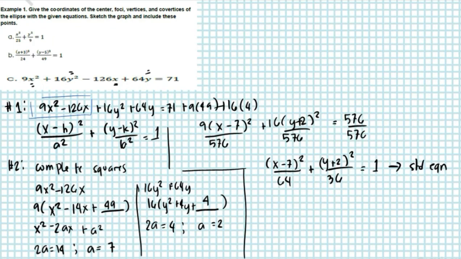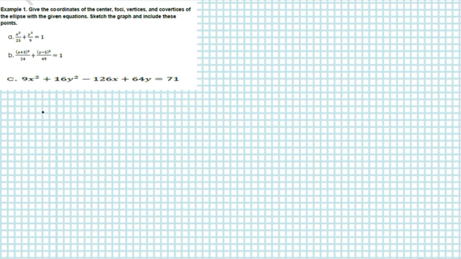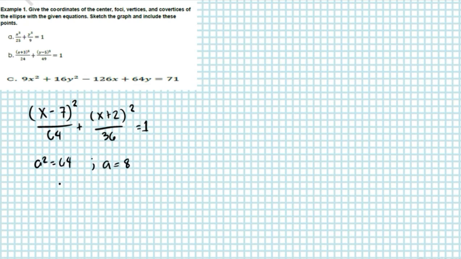So, meron na tayong standard equation, pwede na natin kunin yung mga coordinates ng ating center, foci, vertices, and co-vertices. So, ang ating formula is x minus 7 squared over 64 plus y plus 2 squared over 36 is equal to 1. Yung ating a squared is equal to 64. Therefore, our a is equal to 8. Then, our b squared is equal to 36.